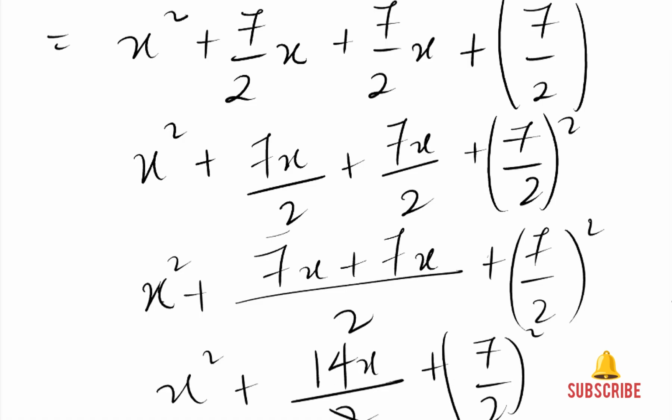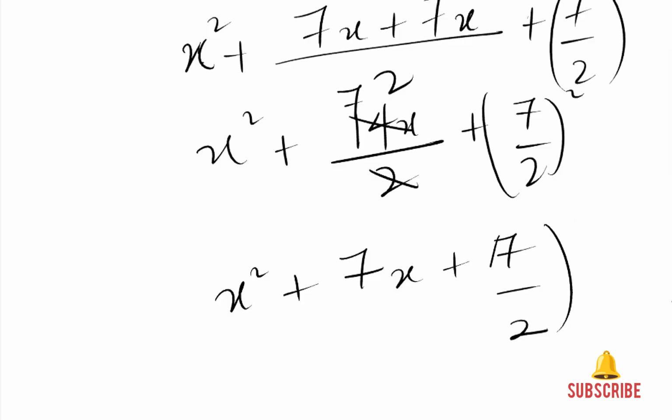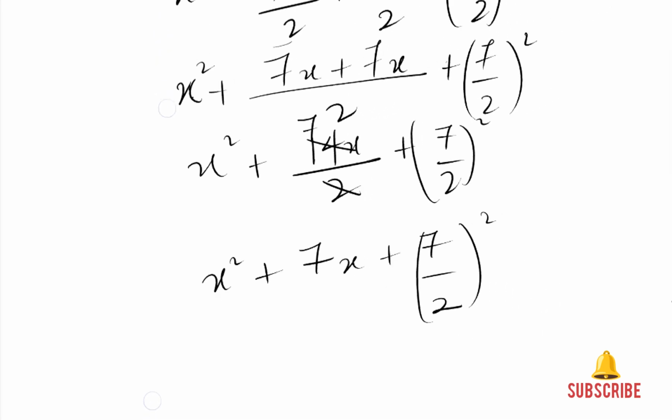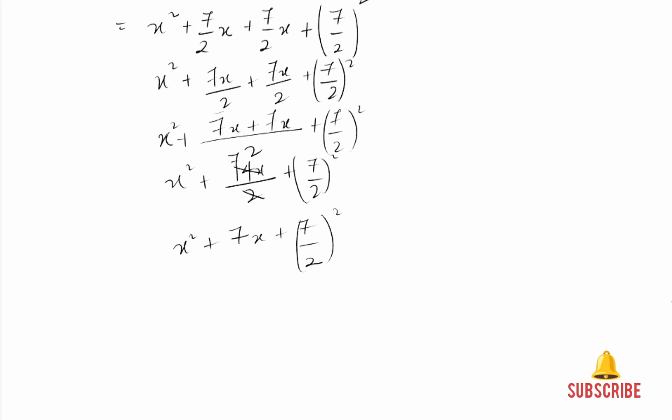So from here we know 2 can divide 14, which will give 7. So finally we have x squared plus 7x plus 7 over 2 squared, which is actually the same. Let's sum it up.